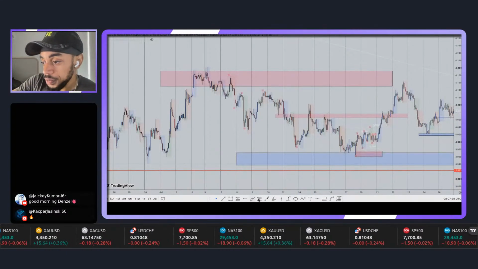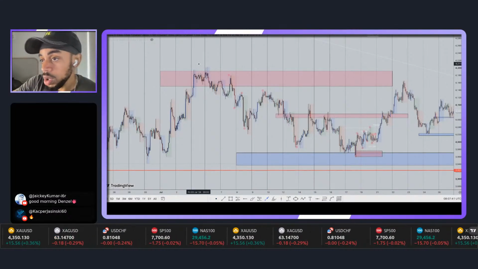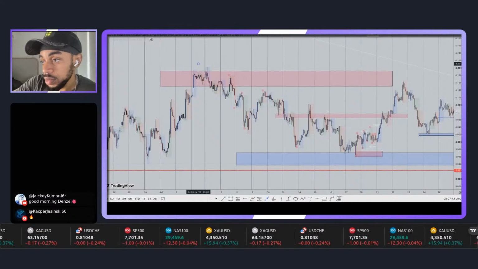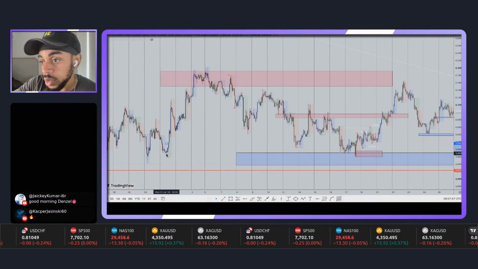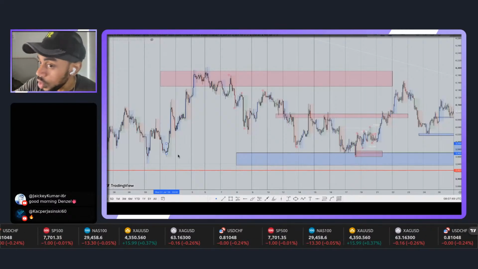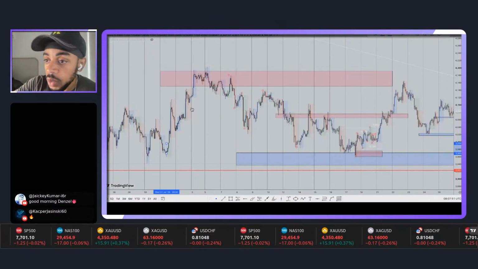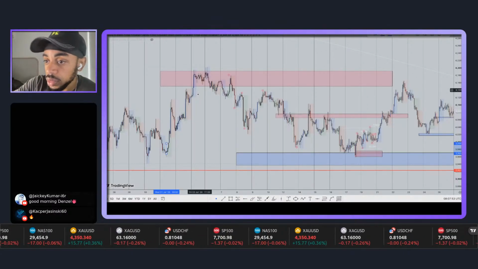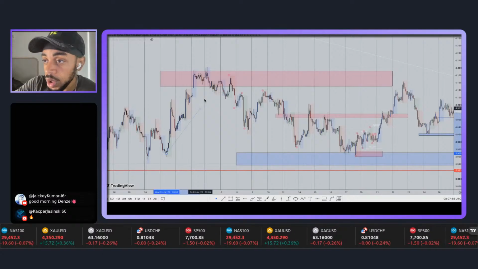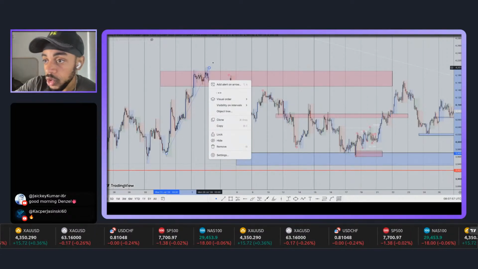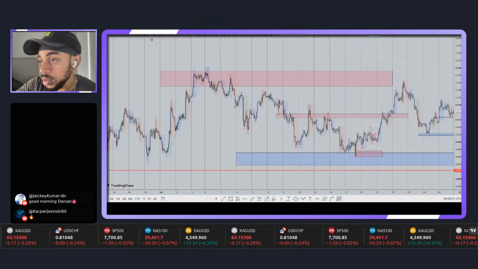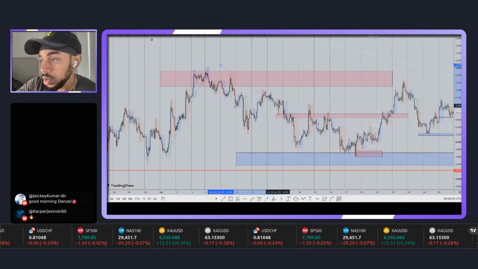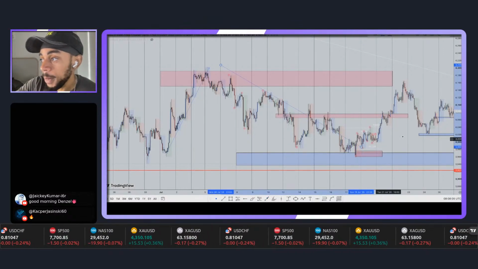Price will move in three directions only. It'll move in an uptrend. The second direction it'll move in is the opposite, a downtrend.